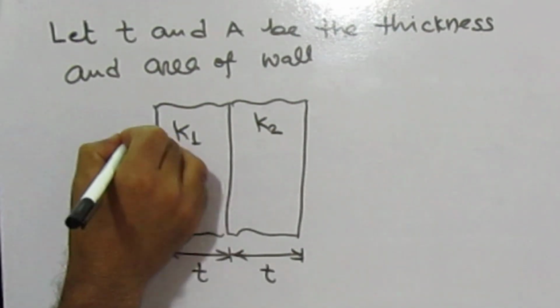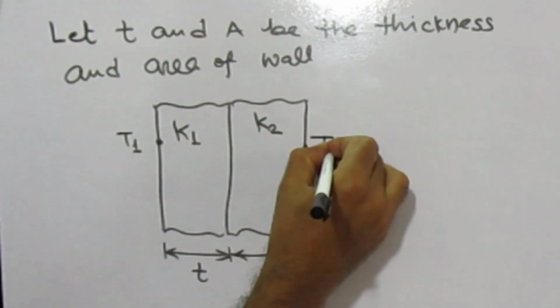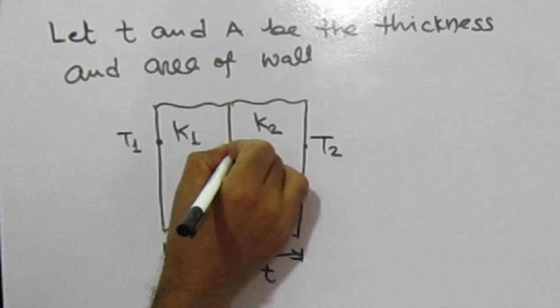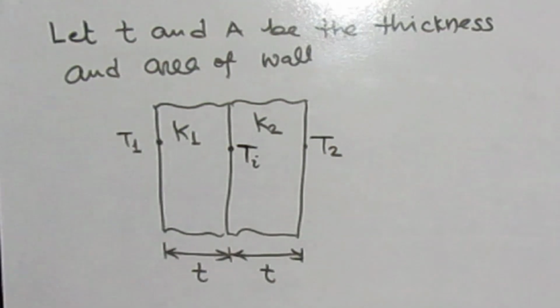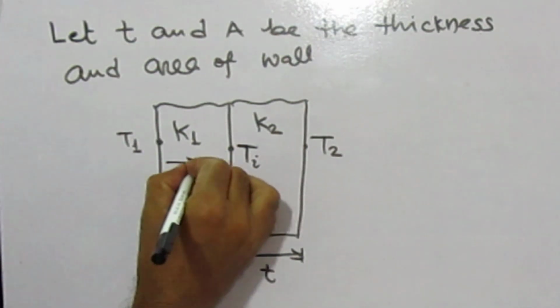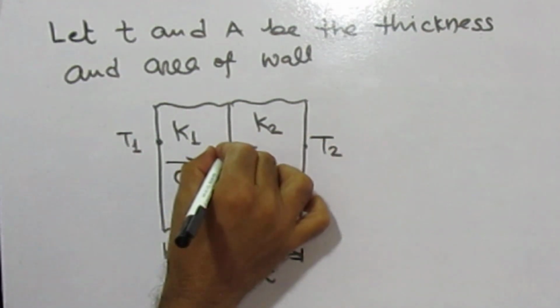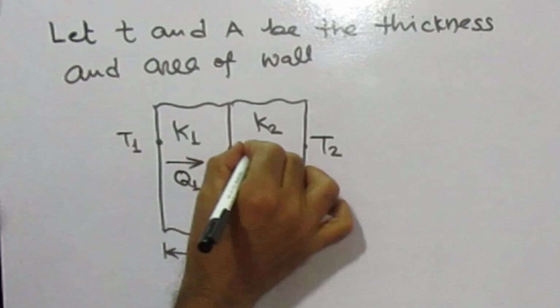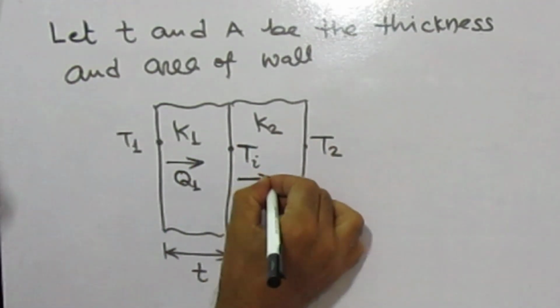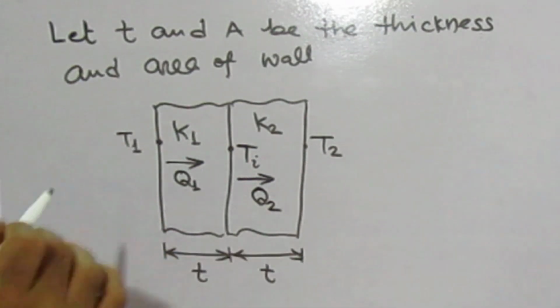Let T1 be the surface temperature, on the other side T2, and this is Ti. Now heat transfer from T1 to Ti is Q1, and from Ti to T2 is Q2, where Q1 equals Q2.